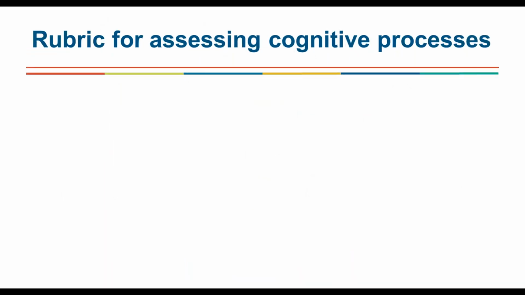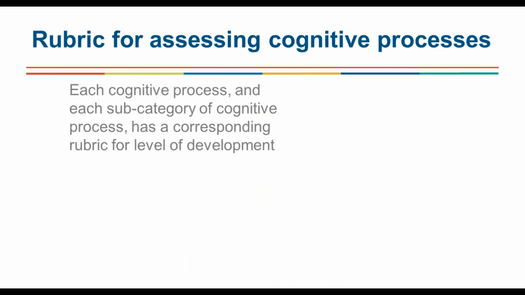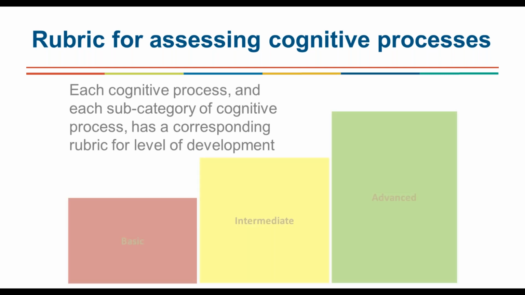When it comes to the assessment of the cognitive test and of these cognitive processes, each of the cognitive processes is further divided into subcategories for the actual assessment. Each has a corresponding rubric for defining the level of development of students. So, for example, there'll be a basic level, an intermediate level, and an advanced level of development in each cognitive process.